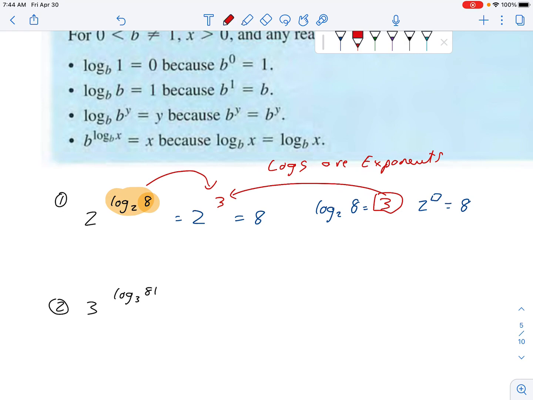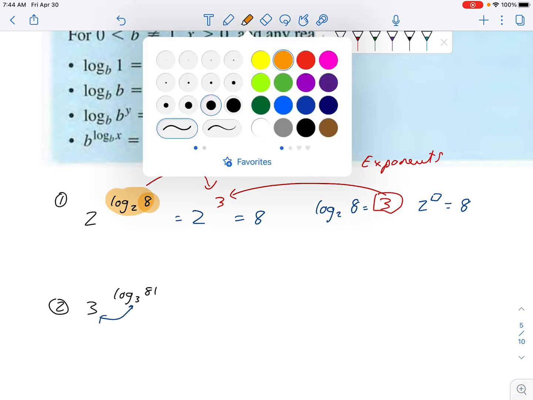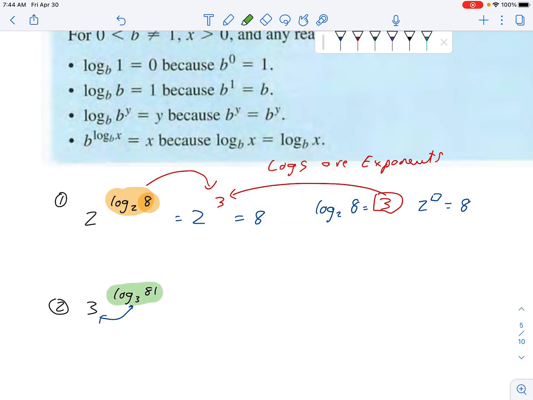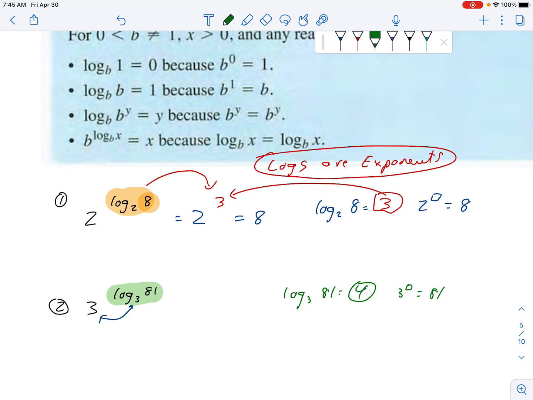So is that always going to be the case if these two bases are the same? Yes, and we can see that again shown out here. Logs are exponents. Log base 3 of 81 is saying 3 to what power gives me 81, and that's 4. So this is 3 to the 4th, which we just saw was 81.